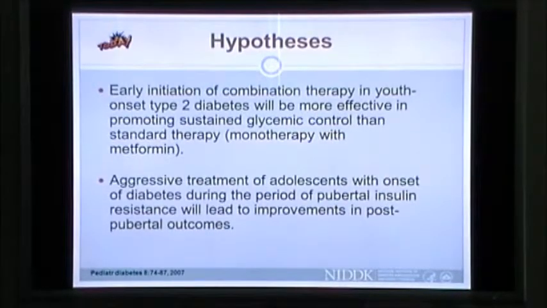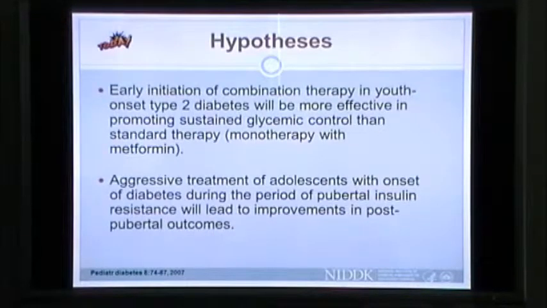We decided that really the question, given the background I told you about the worsening sensitivity that occurs during puberty, and what we know about beta cell physiology, that stress on the beta cell because of worsening sensitivity, and the need to compensate, may itself be a bad thing for the beta cell.